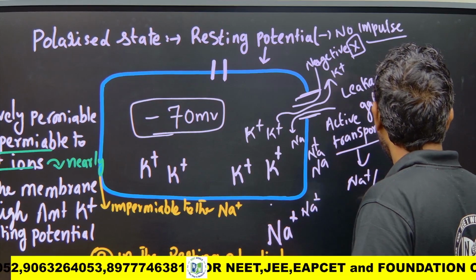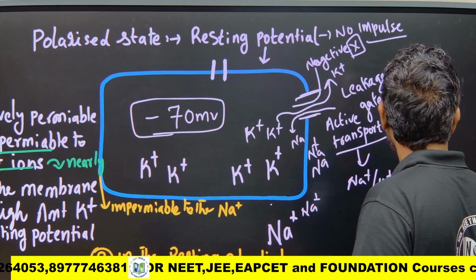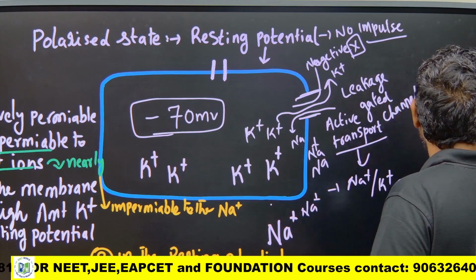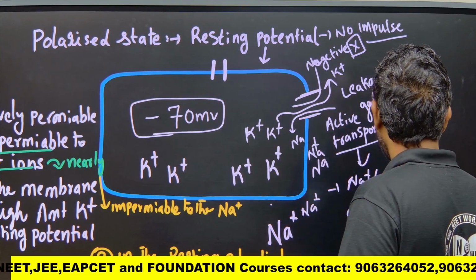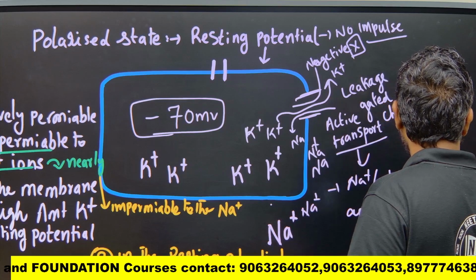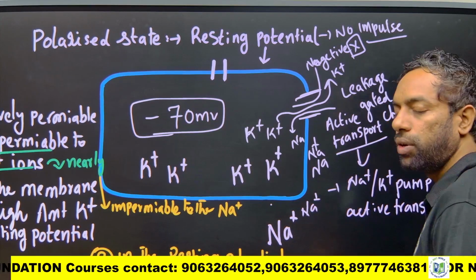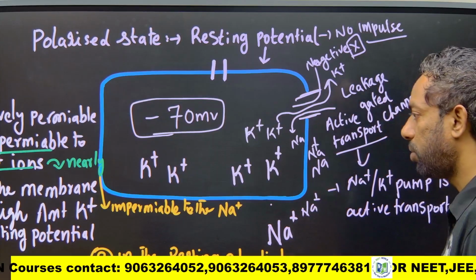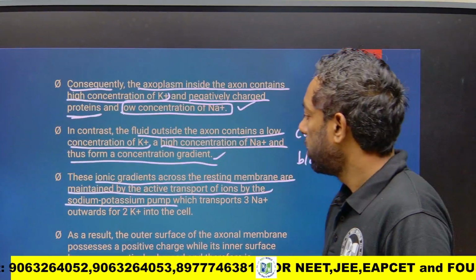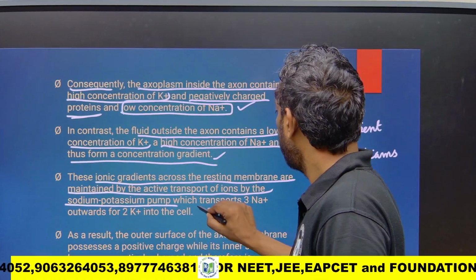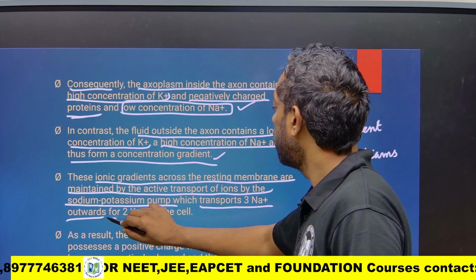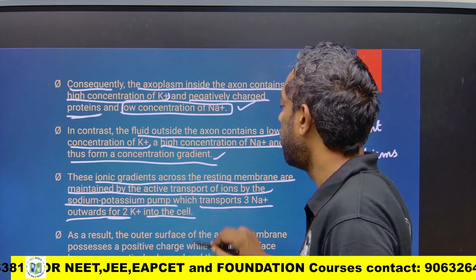Sodium potassium pump is the active transport, which transports Na outside and potassium into the cell.